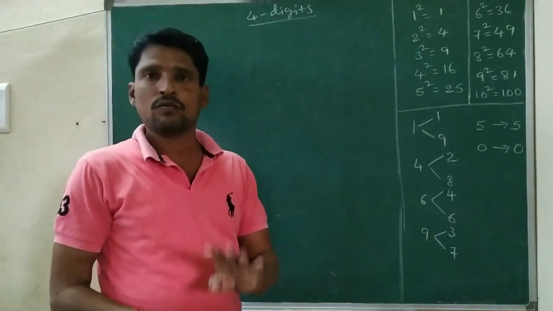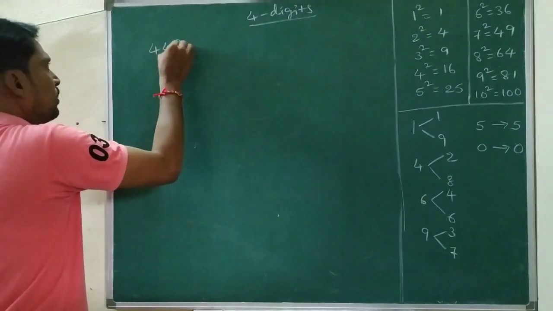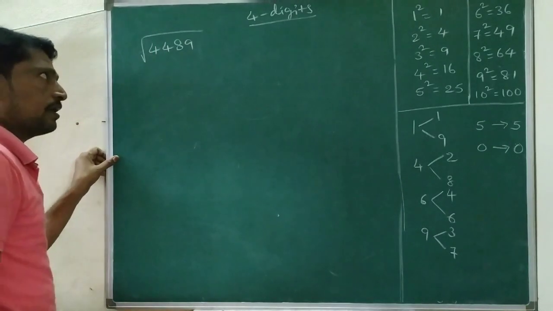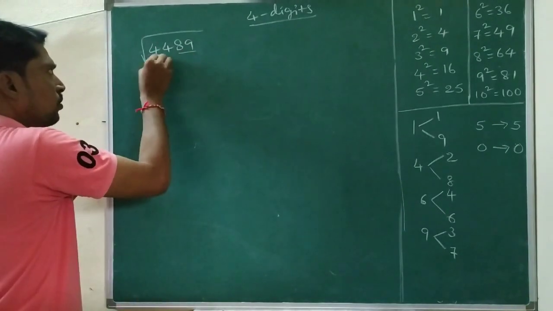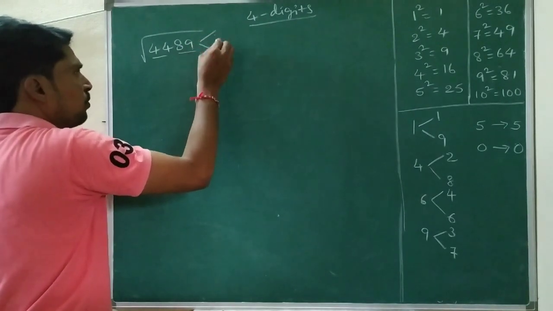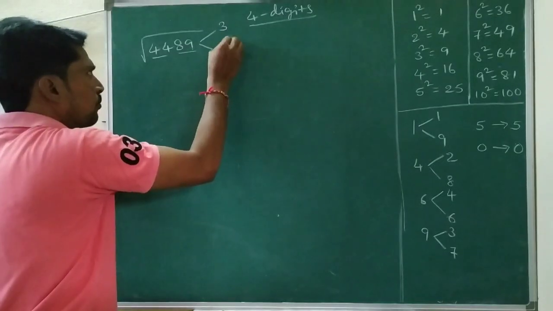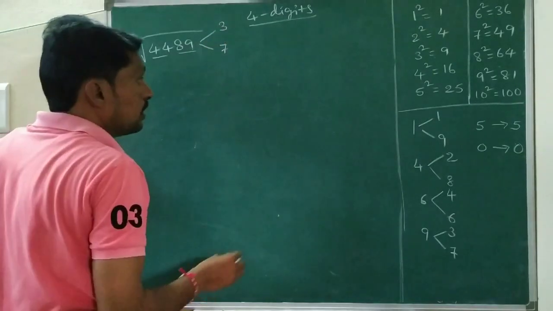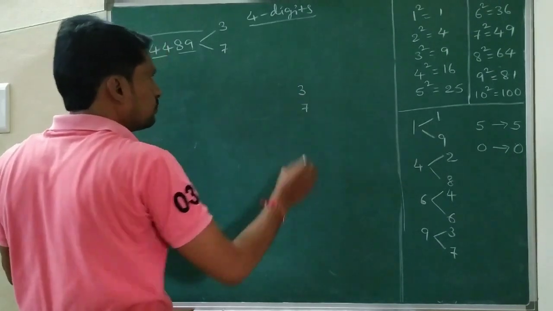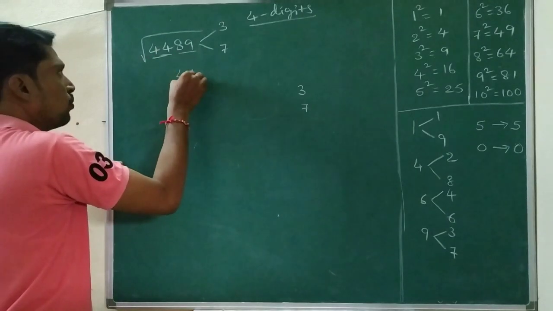One more example for 4 digits: 4489. Square root of 4489. You can divide it into two digits and two digits. The unit place is 9. Which square numbers give 9? 3 square and 7 square, that is 3 and 7. So in the square root, the unit digit is 3 or 7. Now the remaining two digits are 44.